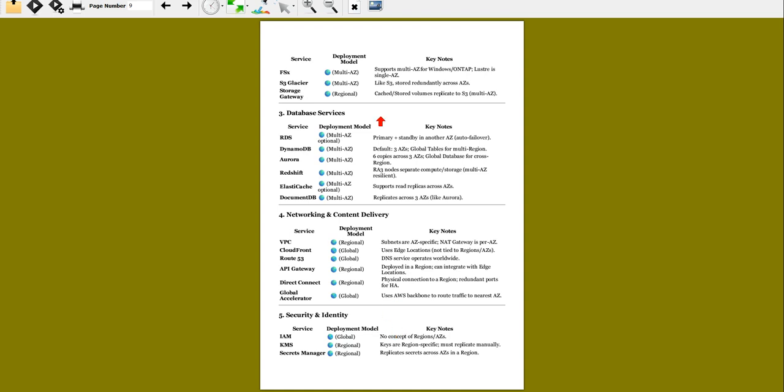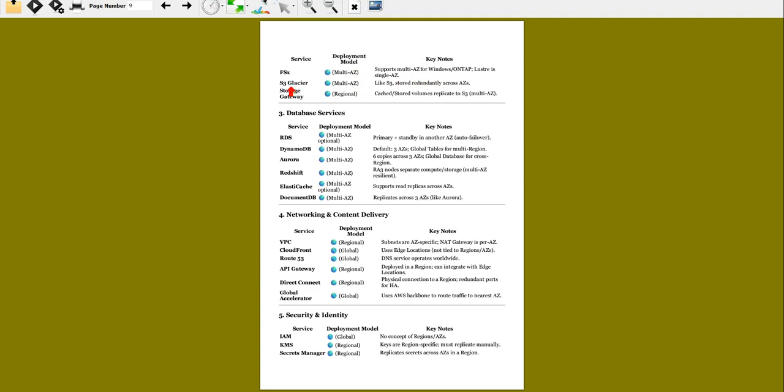Okay. FSx, a file system, network file system for Windows, supports multi-availability zone for Windows. NetApp ONTAP cluster is single availability zone. We're going to discuss these things separately.